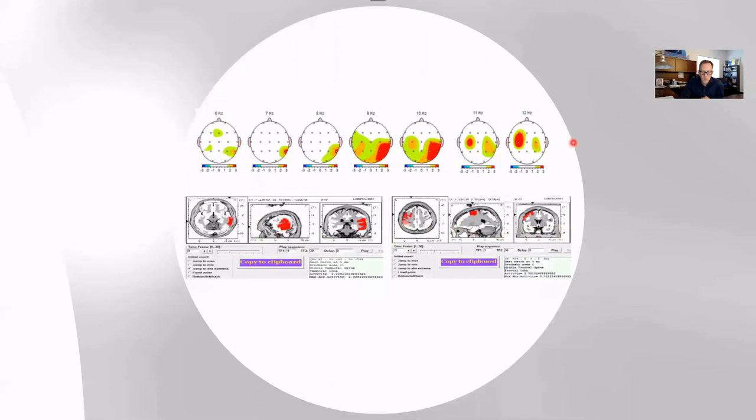This was her routine QEEG, where we could very clearly see right parietal temporal dysfunction, not surprising in a case of trauma, and some on the left as well. The LORETA imaging localizes to the right middle temporal gyrus, as well as to the left middle frontal gyrus.